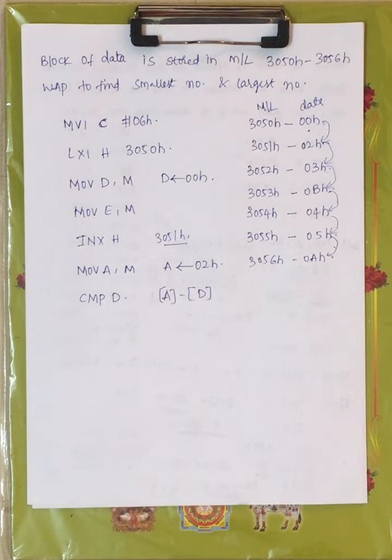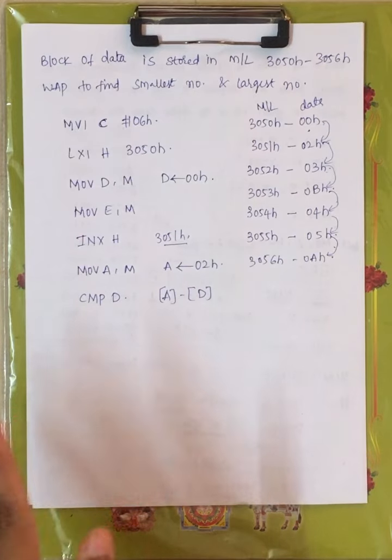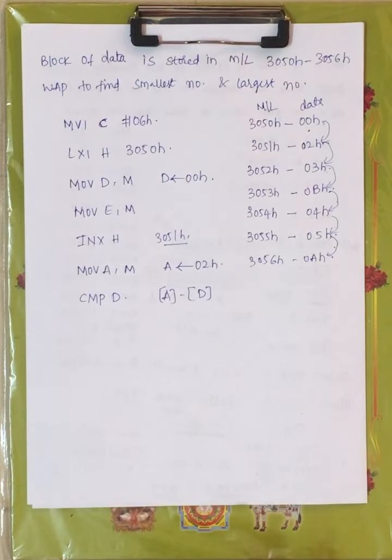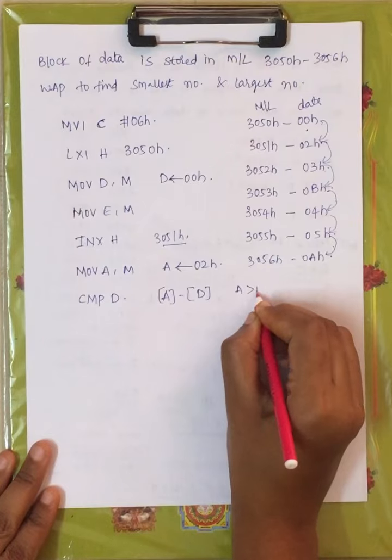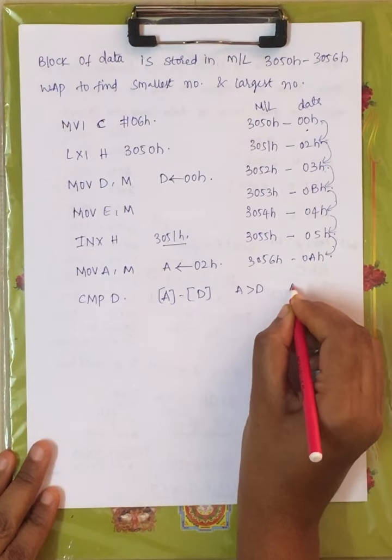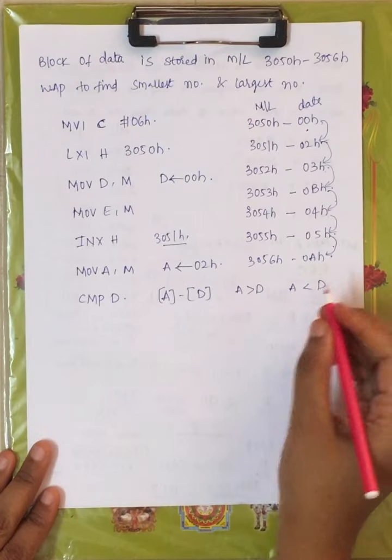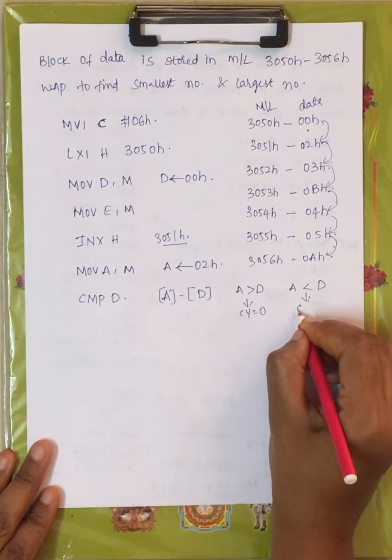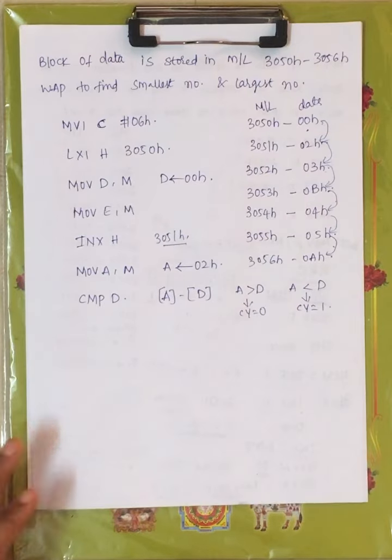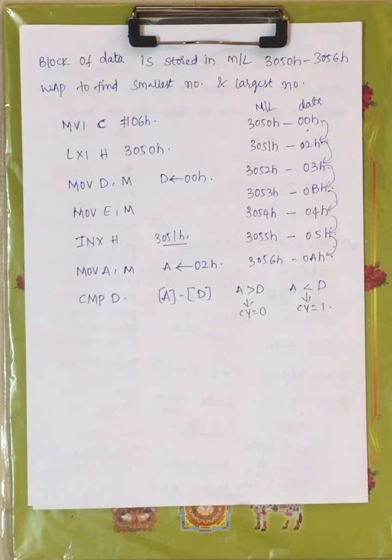A may be greater than D or A may be less than D. When A is greater than D, carry will be 0. When A is less than D, carry will be 1.